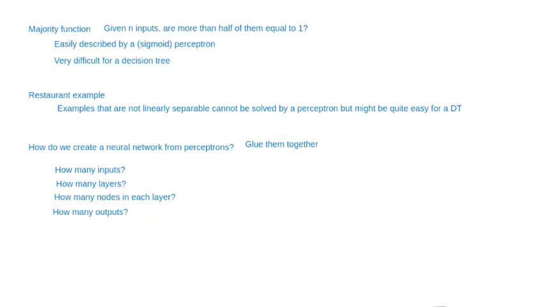A fully connected neural network is what we've been looking at so far. A fully connected neural network has all these inputs, however many inputs there are, and whatever's happening in the next layer, everything in each layer connects to everything in the next layer.